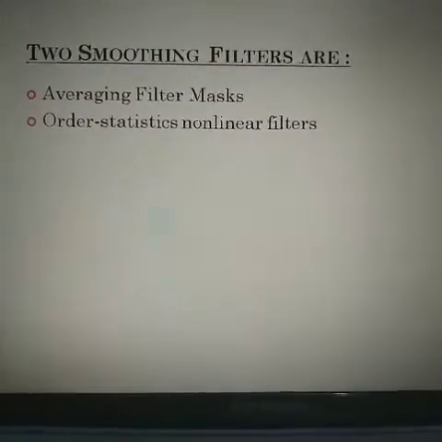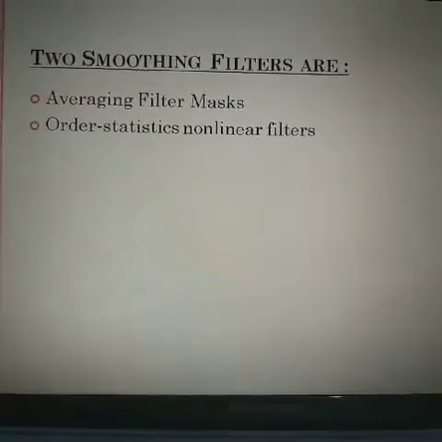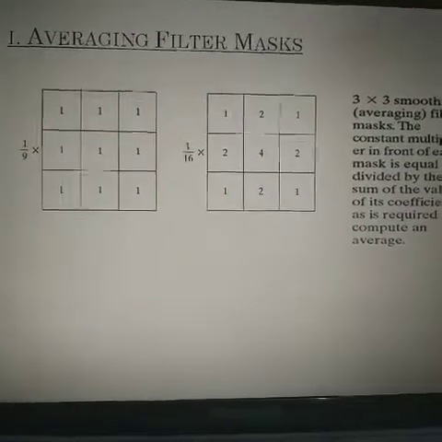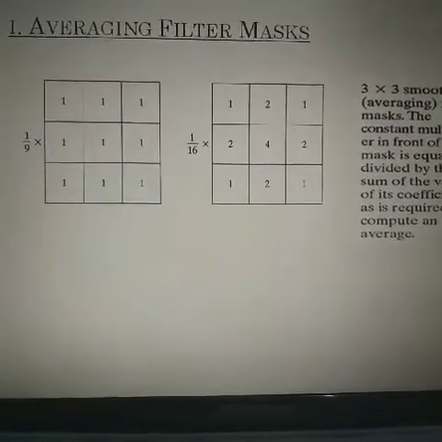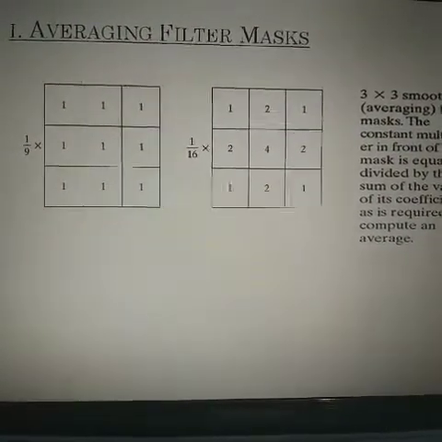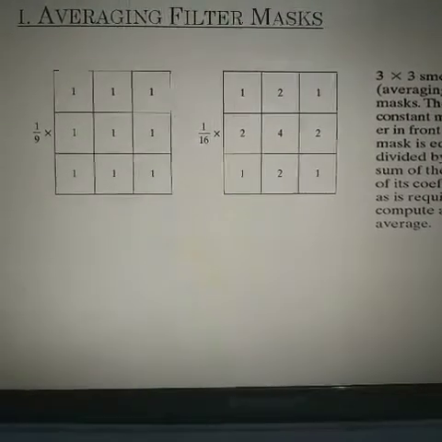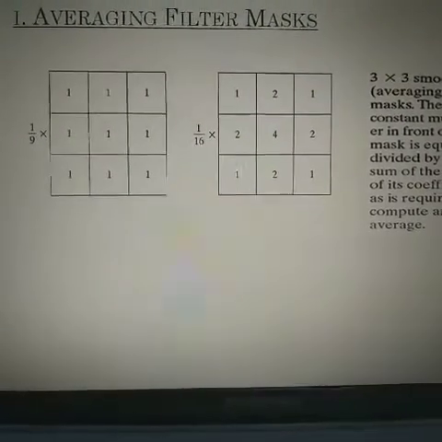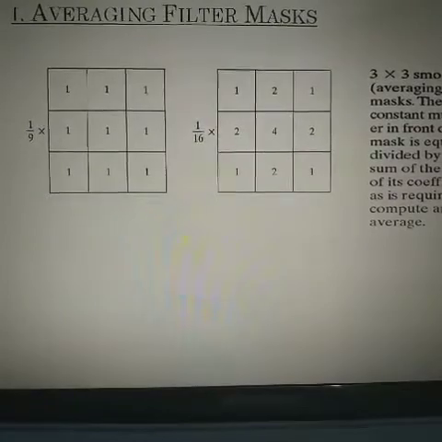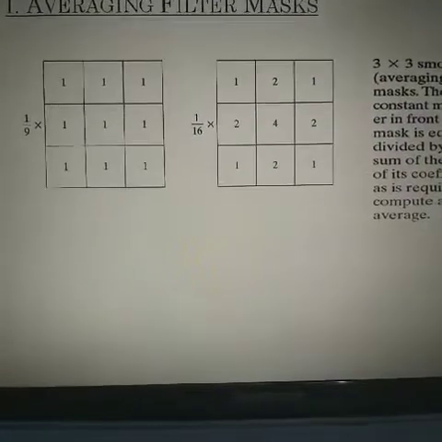We have two smoothing filters: averaging and order static. Averaging means if we are given an image, we multiply it by one over the total number of values. For example, we have an image of size 3 by 3.